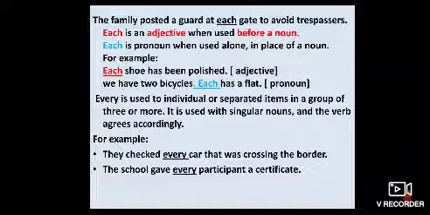So here every is used for individual or separate items in a group of 3 or more, and it is used with a singular noun. Here also car is singular and participant is singular.